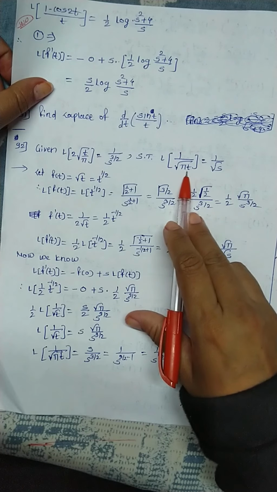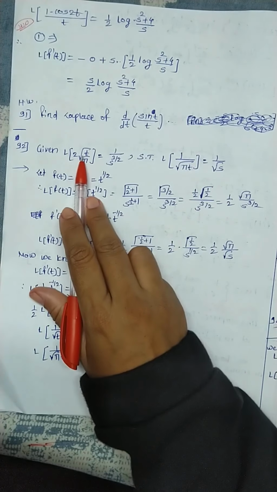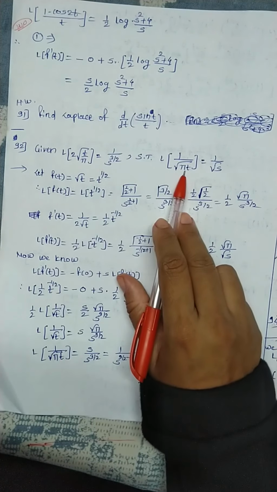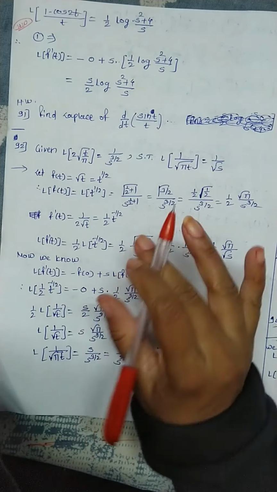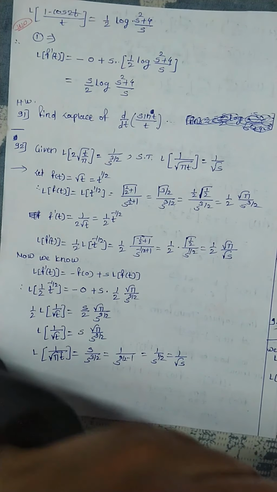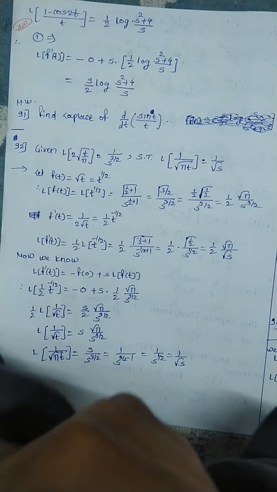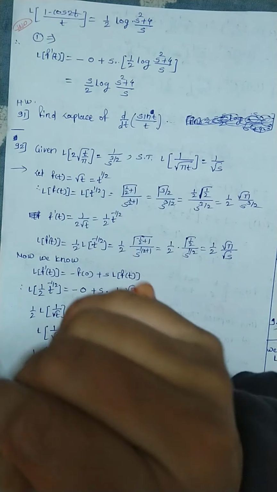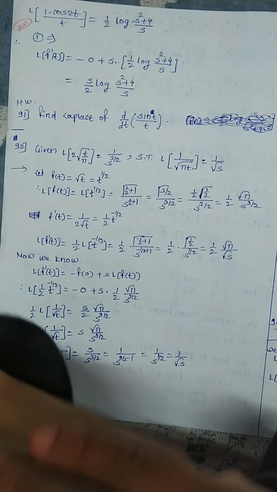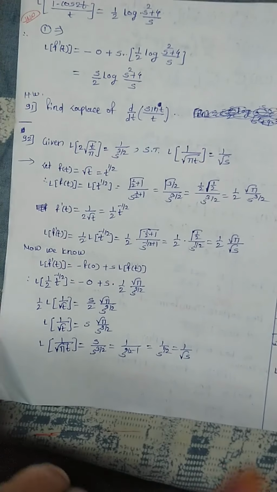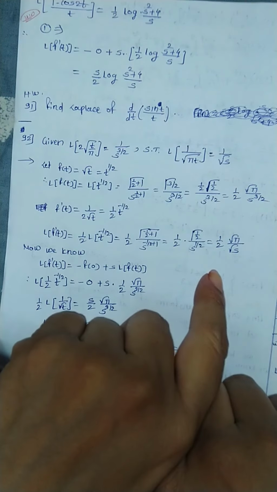If we observe these two functions, root t and 1 upon root t, what is the relation between root t and 1 upon root t? Irrespective of constants, if root x is the function, the derivative of root x is 1 upon 2 root x, right?